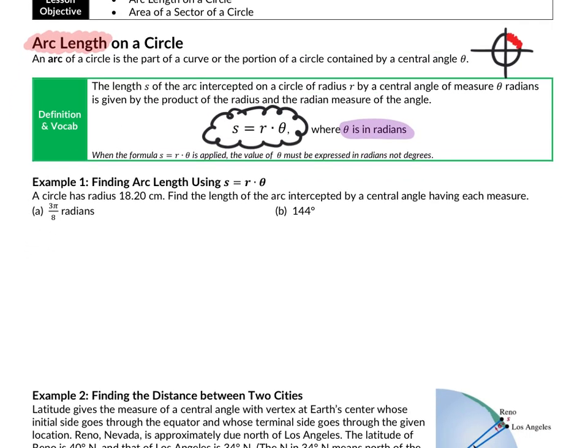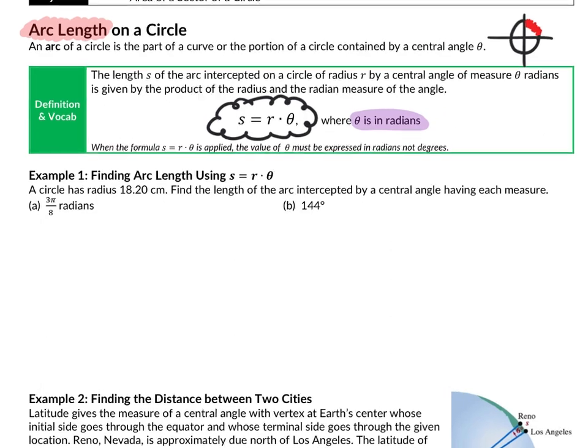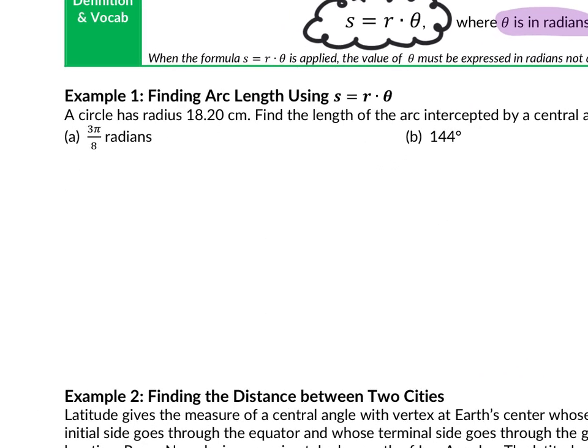So if we're just straight up using this formula, finding the arc length using the formula S equal to R times theta, I highly recommend writing out what you're given in the problems so that you know what you're solving for. Part A says a circle has a radius of 18.20 centimeters. It wants me to find the length of the arc, S, intercepted by a central angle having each measure.